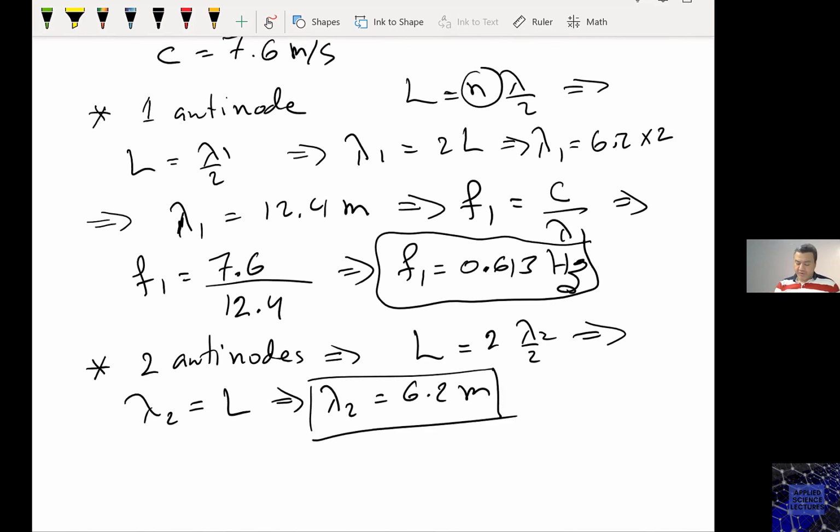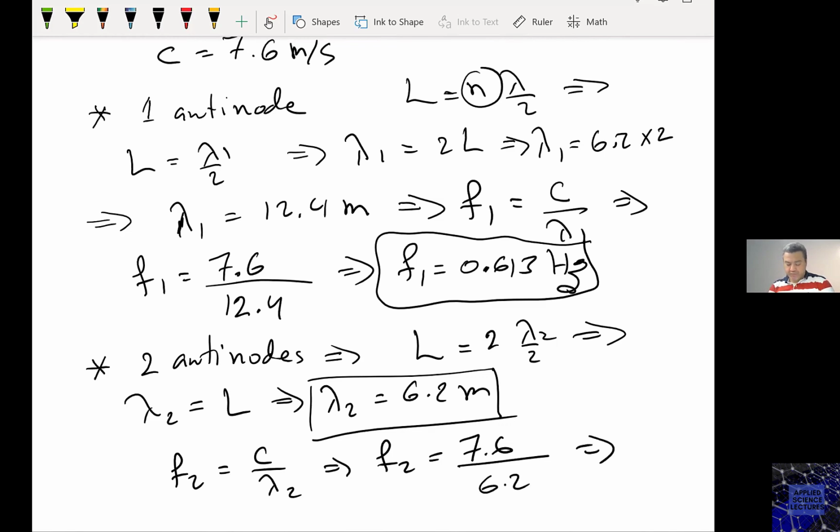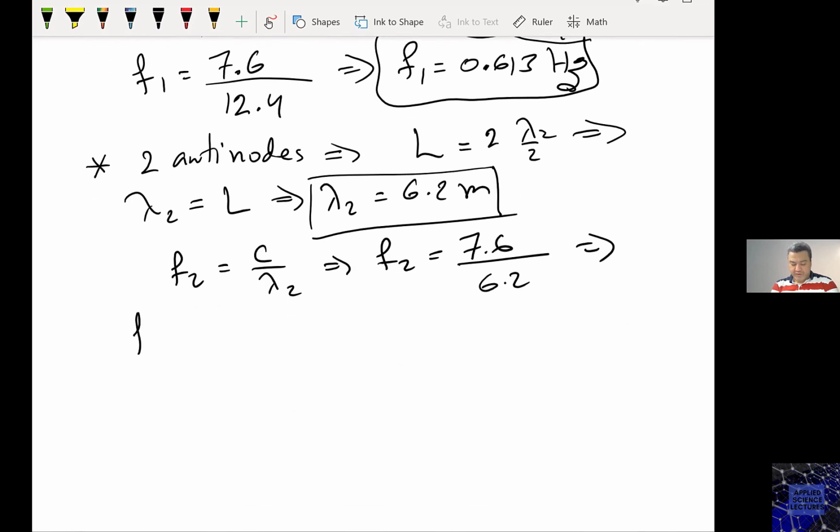So if lambda 2 is 6.2, then F2 is c over lambda 2. F2 is 7.6 divided by lambda 2, which is 6.2. And in this case, F2 is 1.23 hertz.